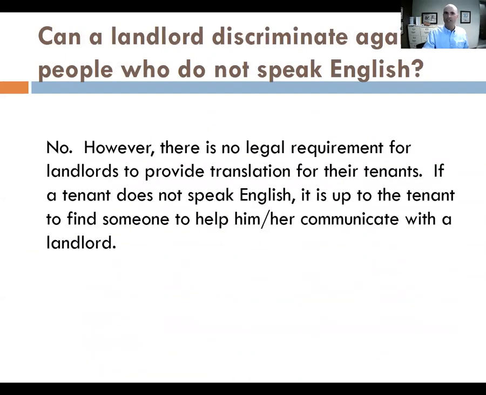Just a couple of questions. Can a landlord discriminate against people who do not speak English? No, that would be national origin discrimination. But if you're managing a rural development property or Section 8 property, then you're governed by LEP requirements, limited English proficiency requirements.